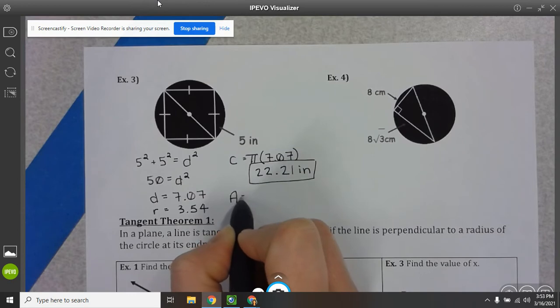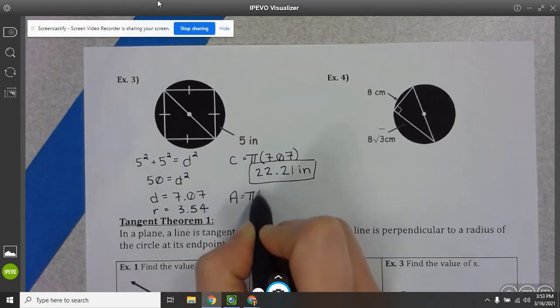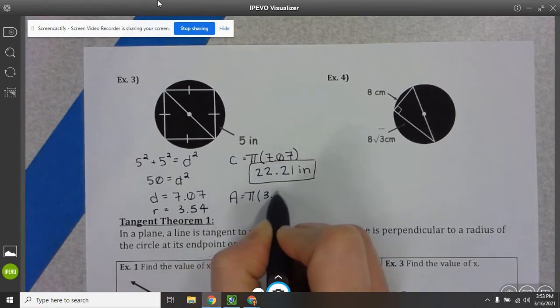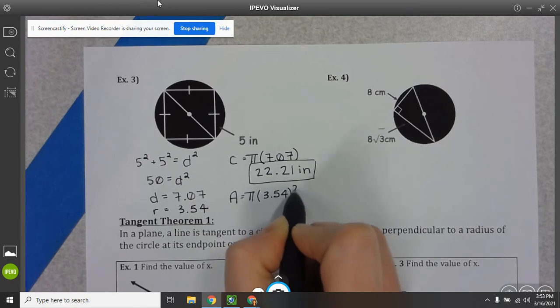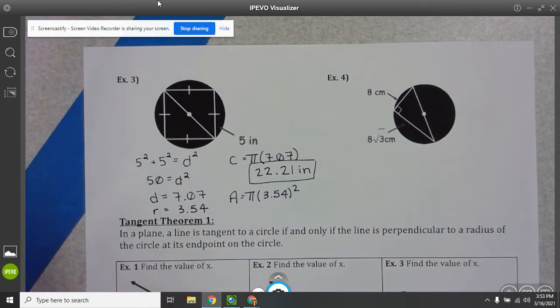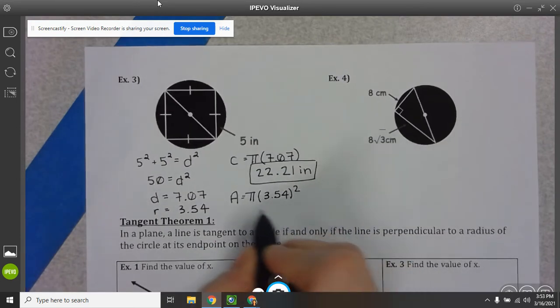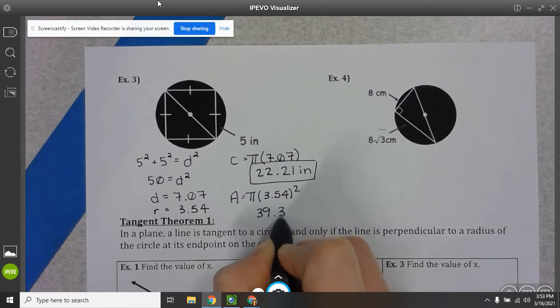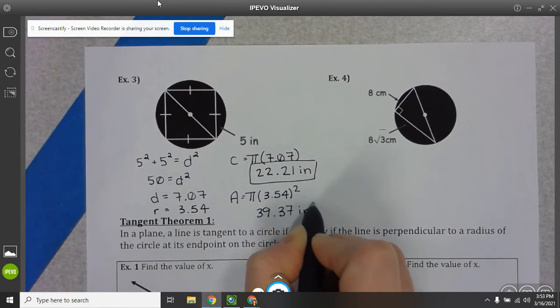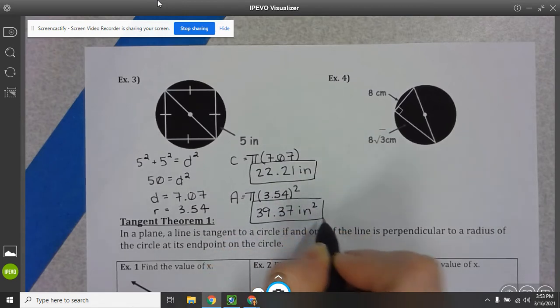And then area is pi times our radius squared, which is 39.37 square inches.